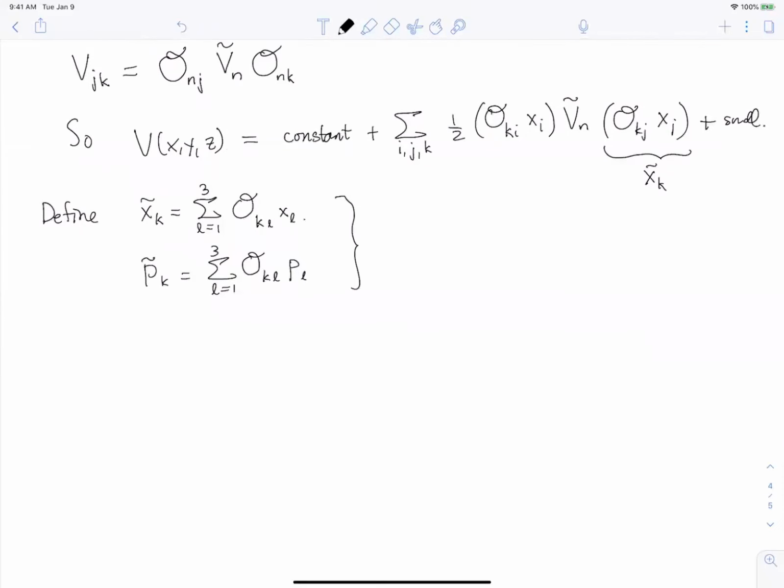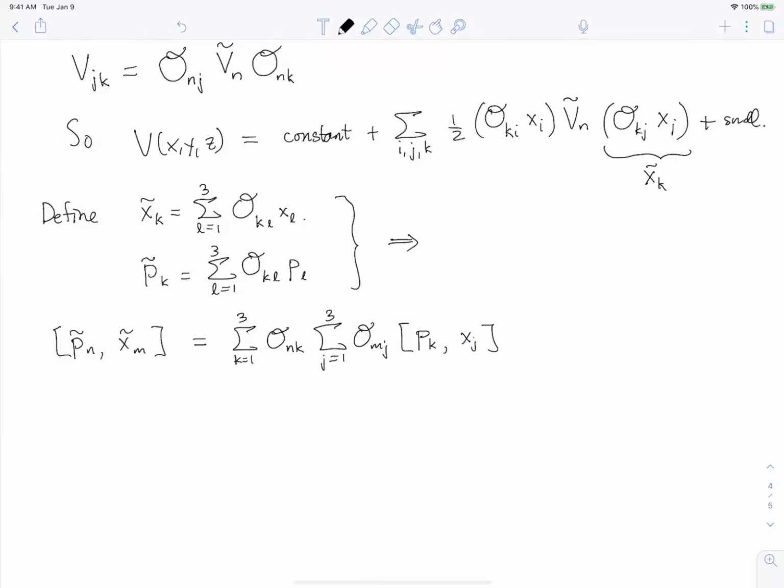If you take the commutator of, let's say, P tilde n with x tilde m, that's equal to, we can just use the definitions, sum k equals 1 to 3, orthogonal nk, sum j equals 1 to 3, orthogonal mj, of the commutator of the original pk with the original xj. So I've just plugged in these definitions here.